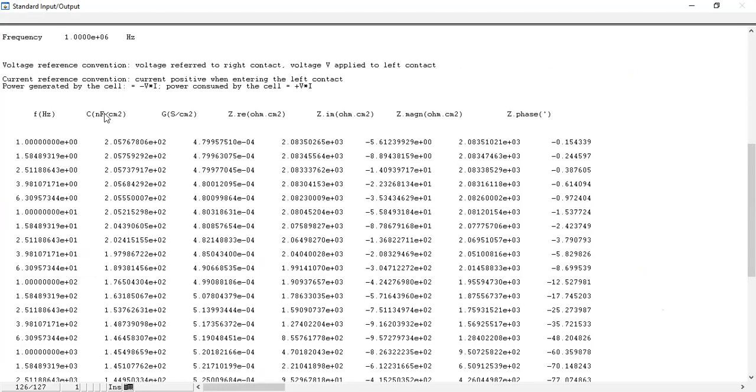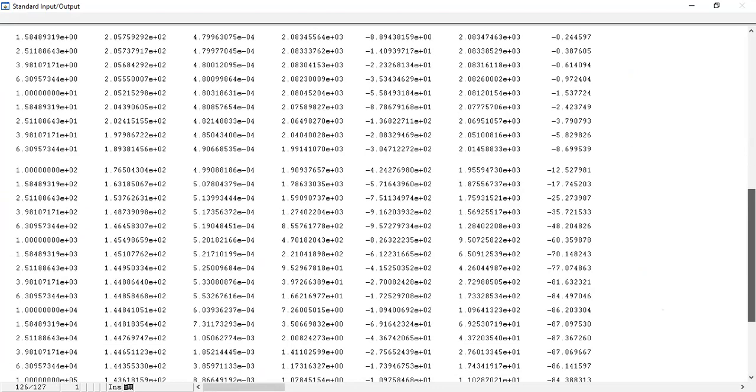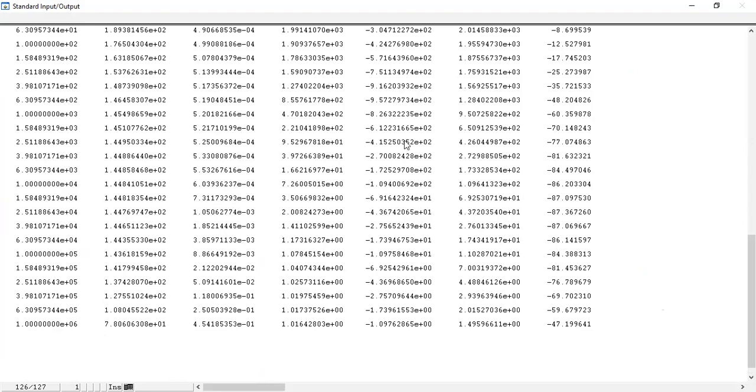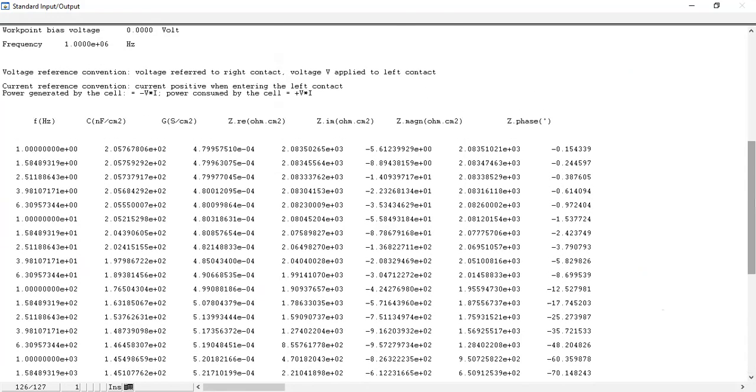You can see here the range of input frequency. We have already set the input frequency range from 1 hertz to 1 megahertz, and I have already explained that EIS analysis or the Nyquist plot is basically the effect of the input frequency signal on the capacitance or on the impedance of my perovskite device.